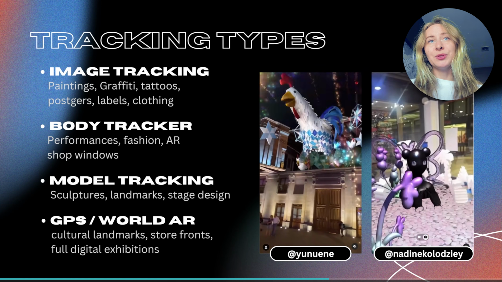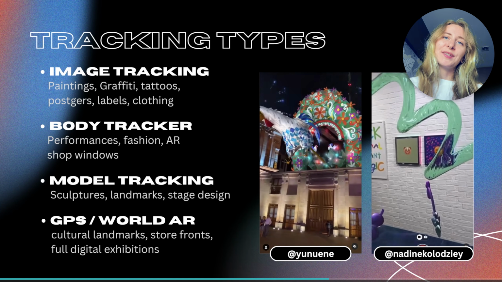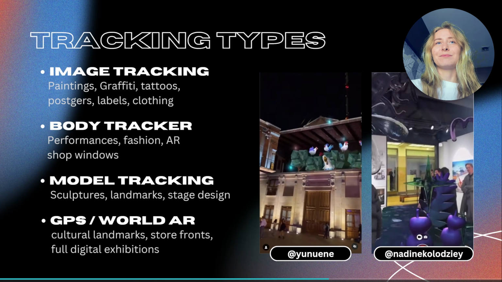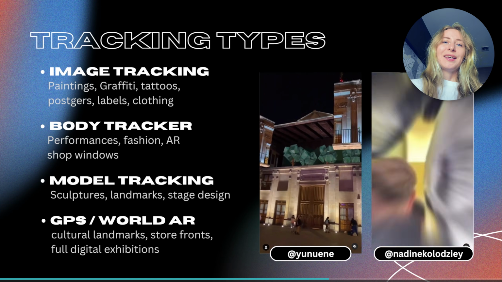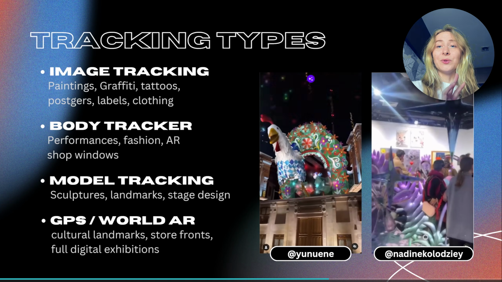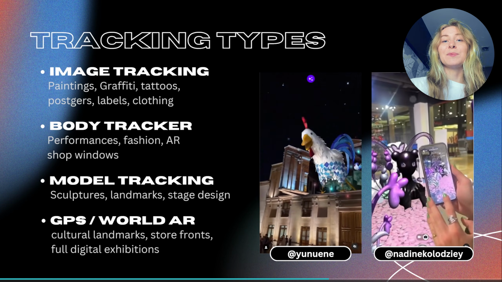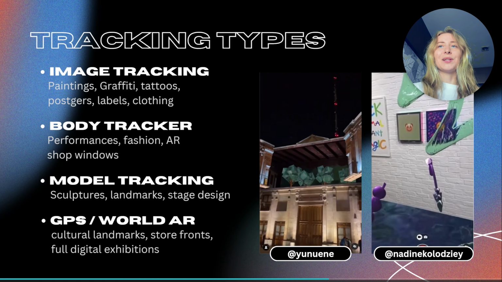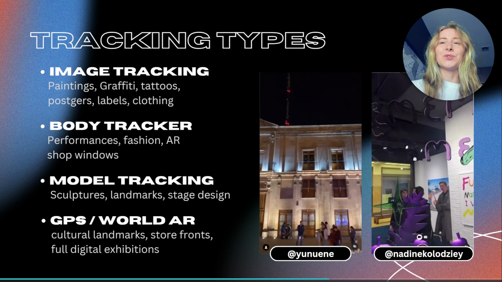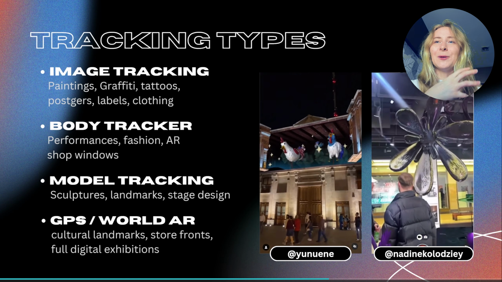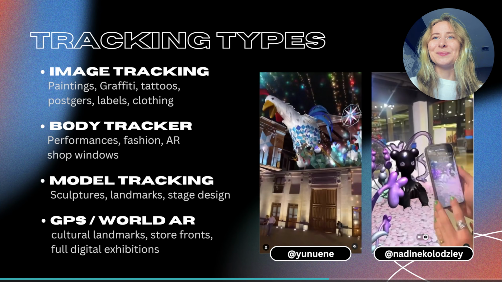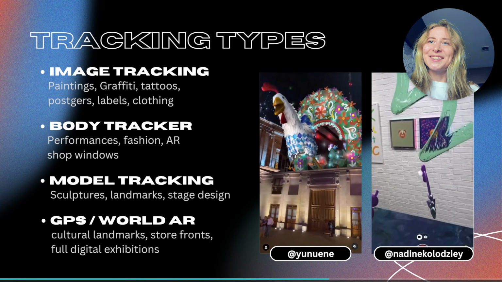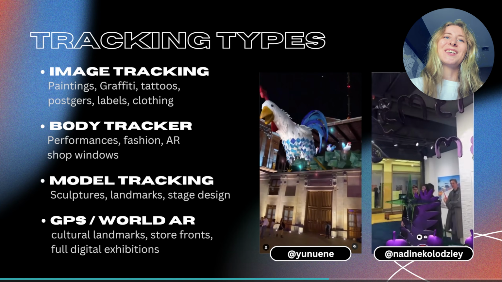The last one I want to talk about is GPS or world AR, or like city scale AR. And for this, you can use whole houses or public spaces as a basis for your AR effect. Like the video on the left, where they used a house front and added a full explosion of chickens and flowers and decorations.